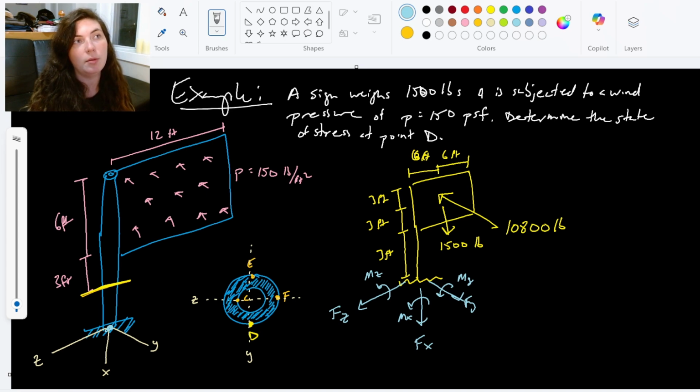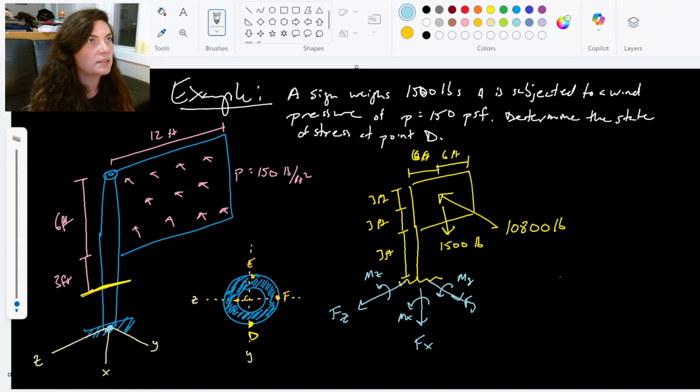If you point your thumb in the direction of the axis, any force that curls around it contributes to the moment. So you can think of your thumb as the axis, and we don't want any forces that intersect it or are parallel to it. Anything else contributes to that moment about the axis.